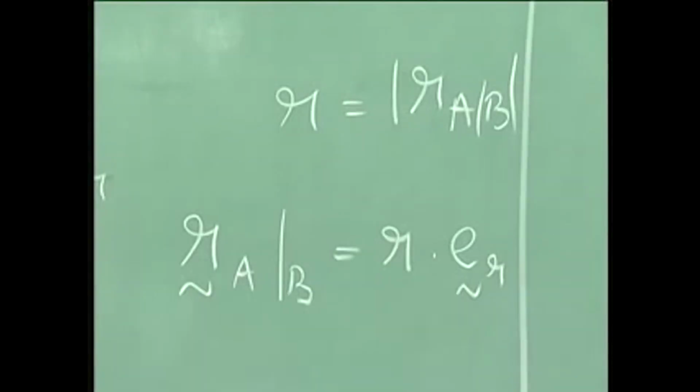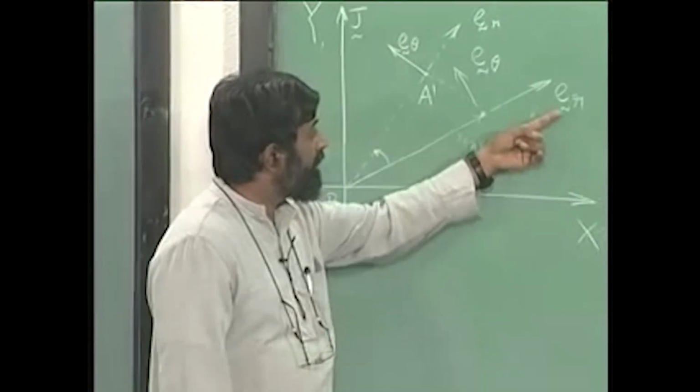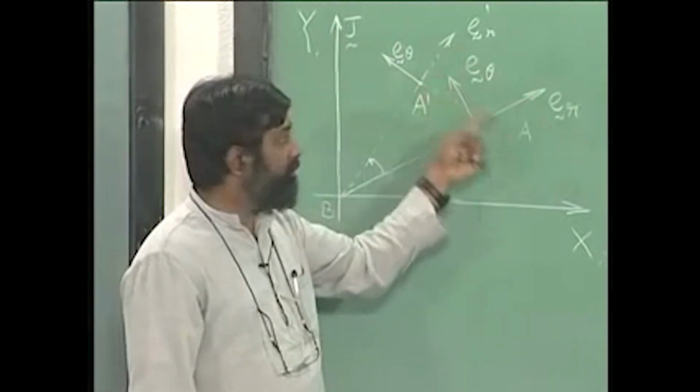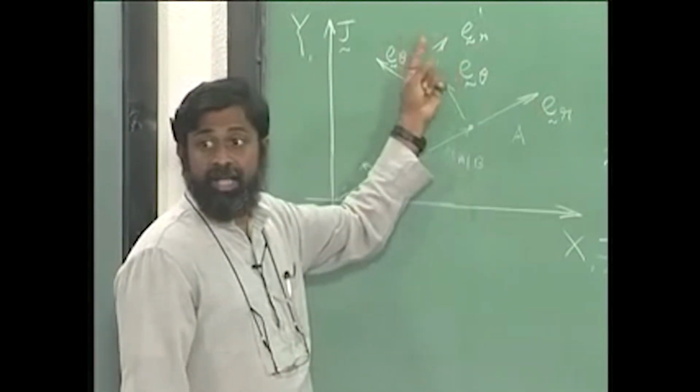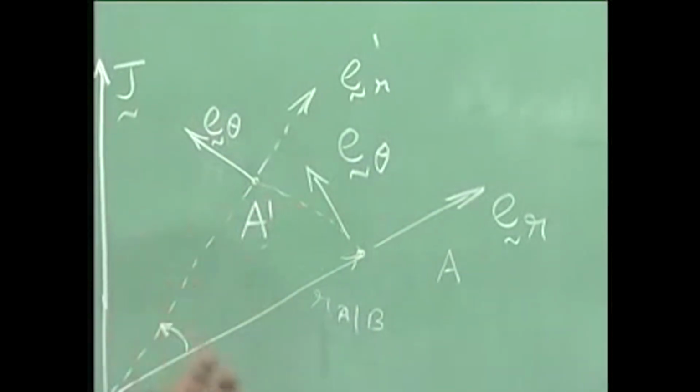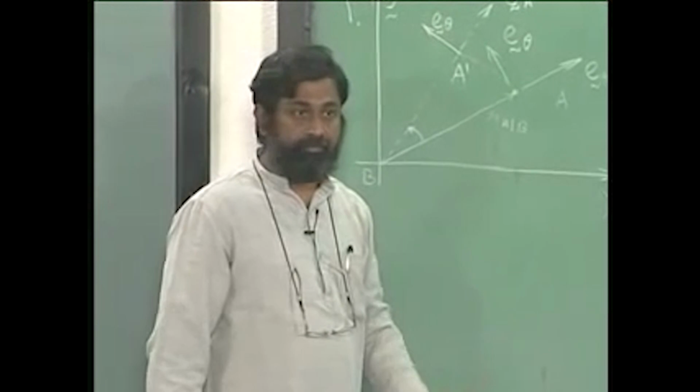Now, I have a representation. The beauty of this representation is, remember, ER is now rotating. So, if I find the time derivative of this rotation of ER and E theta, I will be able to solve this problem.